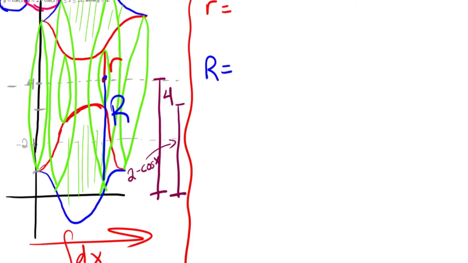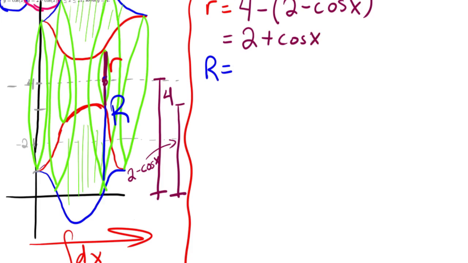That's the y value. So if you take this away from 4, you are going to get the distance from here to here. So the small radius is simply equal to 2 plus cosine of x.